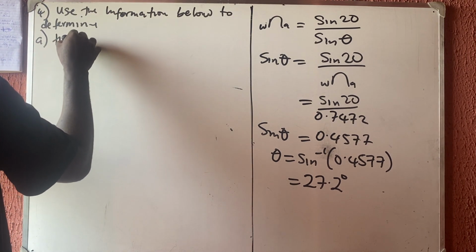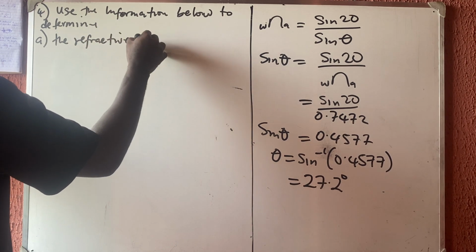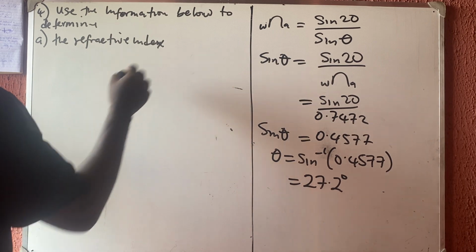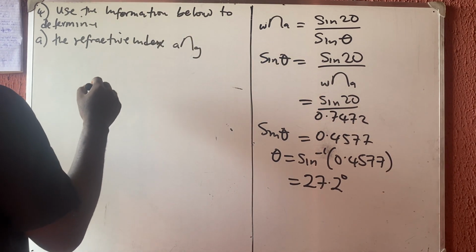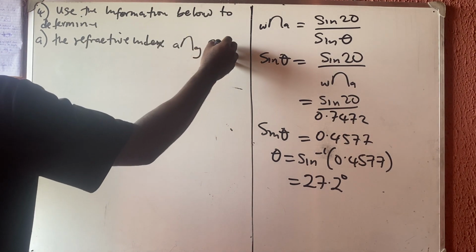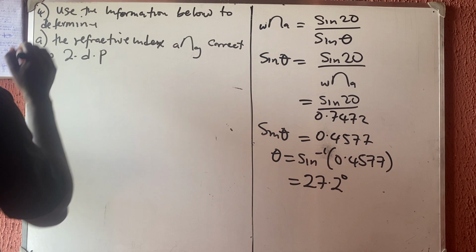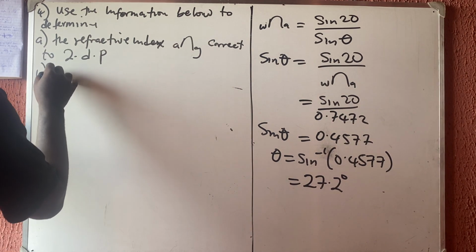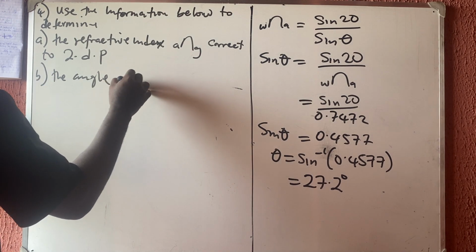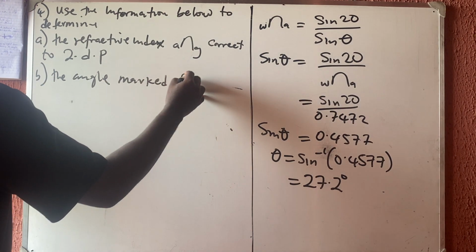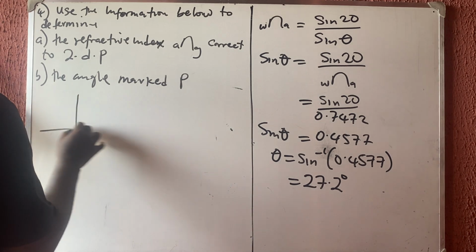They say the refractive index from air to glass. Okay, they say we should correct to 2 decimal places. Question number B, they say the angle marked P, okay, the angle marked P, and then this is my diagram.